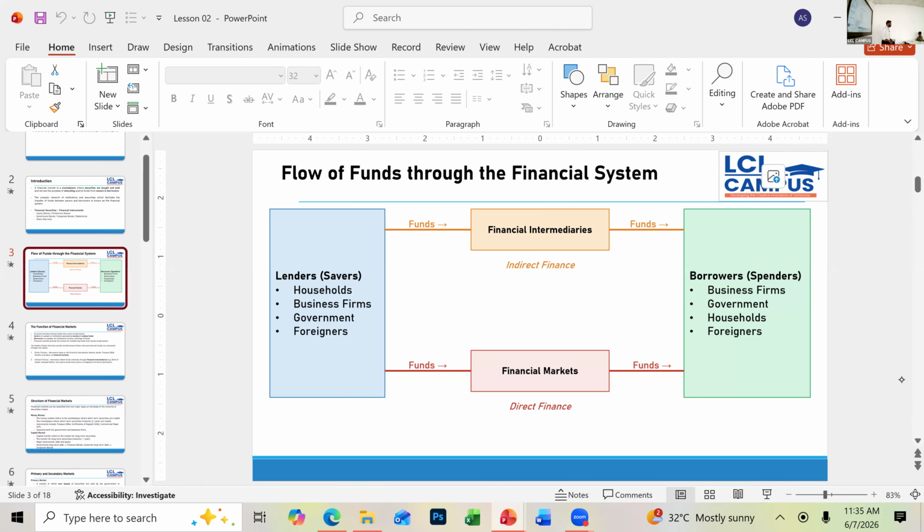If you are asked like this, just draw this one. Lenders are there, borrowers are there, financial intermediaries, and financial market.